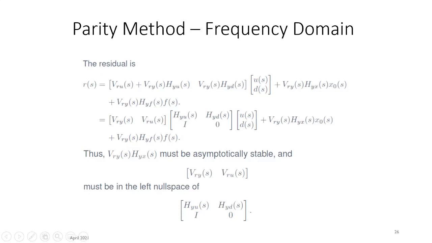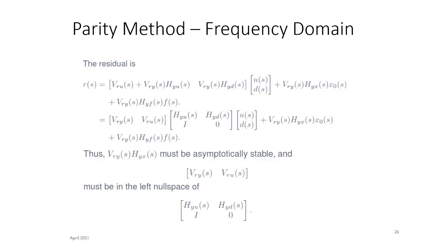So if we have that stability condition that we call Hurwitz, by the way, when we say a matrix is Hurwitz, it means that all eigenvalues are in the left side. So if we have this stability condition, then we don't need to be worried about this term. It has some effect, but it will vanish after some time.